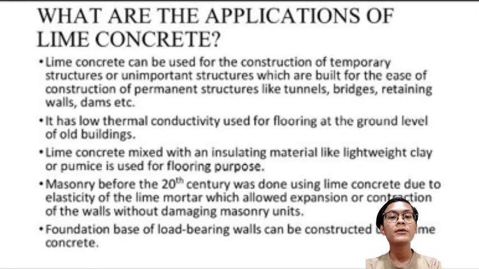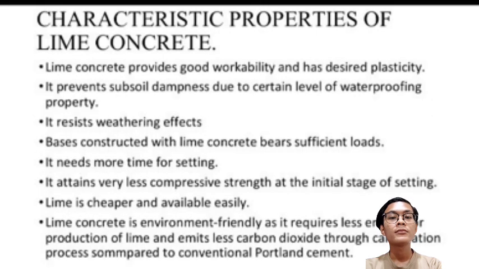This is an example application of lime concrete. It has many characteristic properties such as providing good workability and desired plasticity. It prevents subsoil dampness due to a certain level of waterproofing property, and so on.